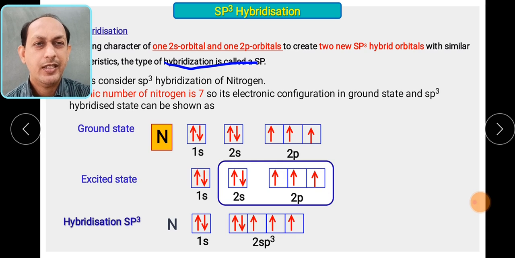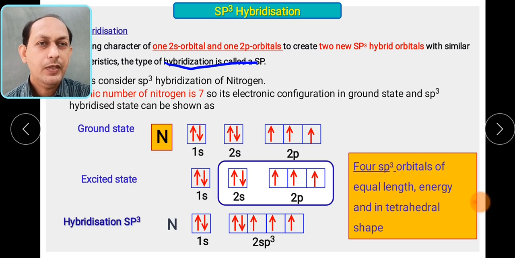So it acts as a lone pair of electrons. These 2 electrons do not take part in the bonding process, while the other 3 electrons take part in bonding. These 4 sp3 hybrid orbitals have equal energy and are oriented towards the corners of a regular tetrahedron, and we can expect a bond angle of 109 degrees.